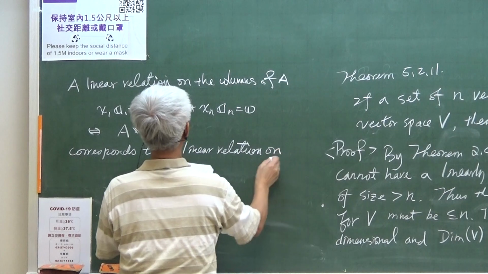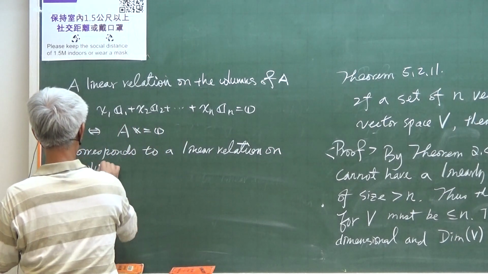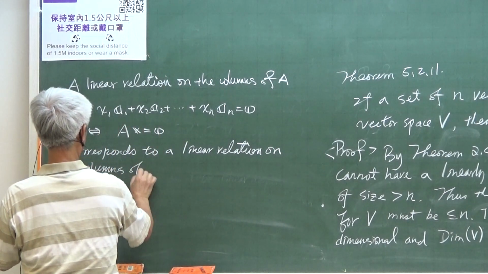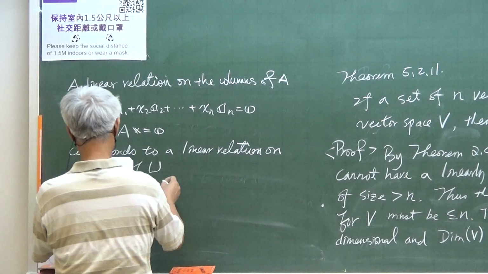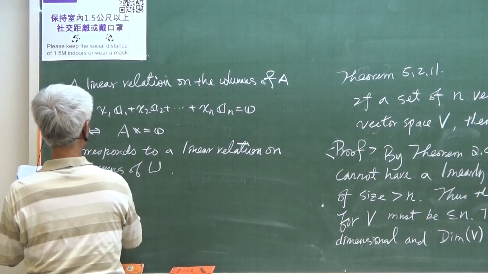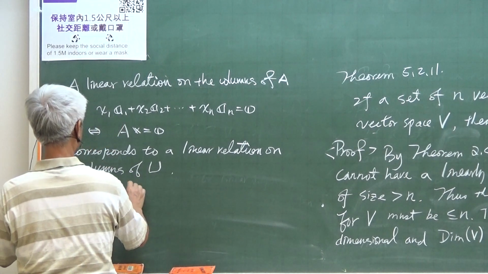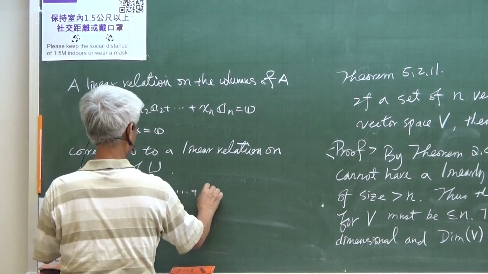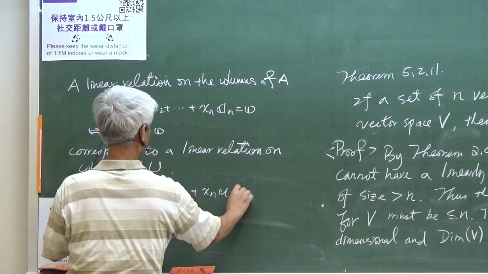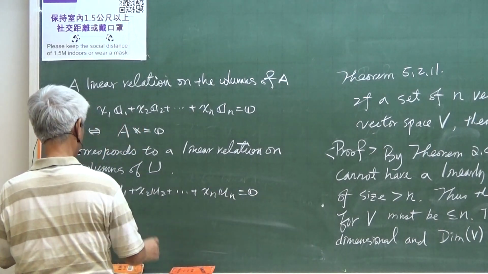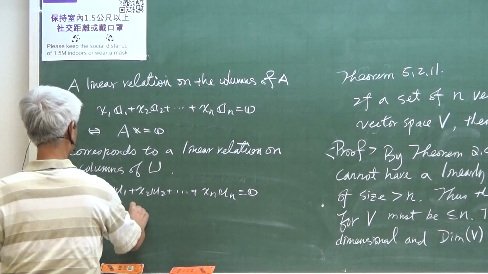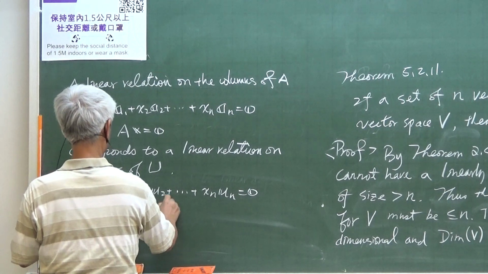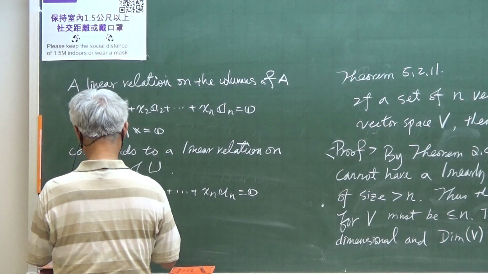on columns of U. x1 u1 plus x2 u2 plus etc. plus xn un equal to 0. So this is corresponding to Ux equal to 0. Right?